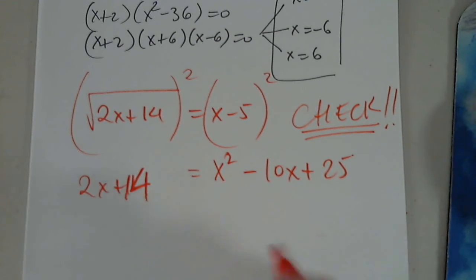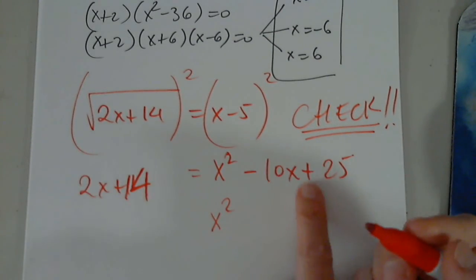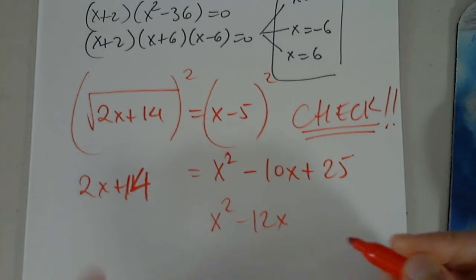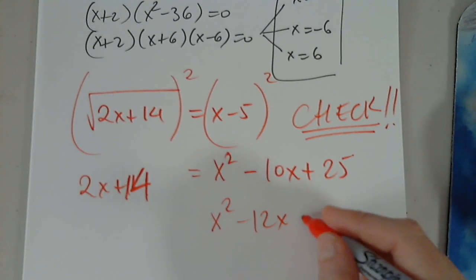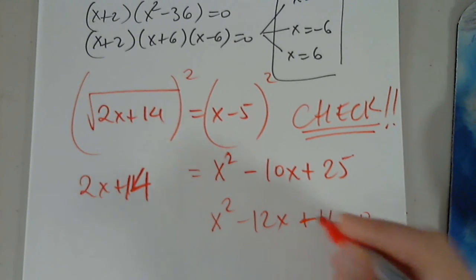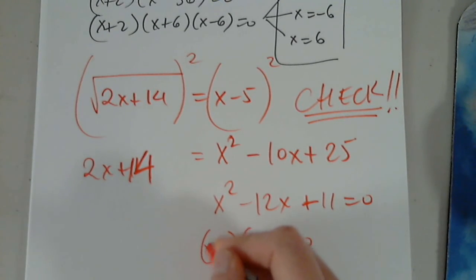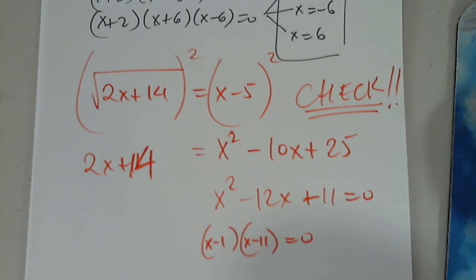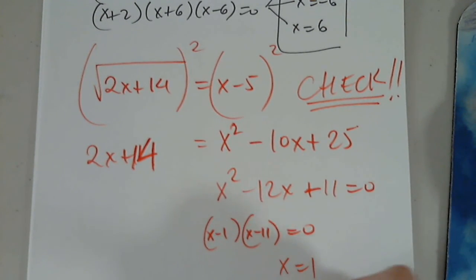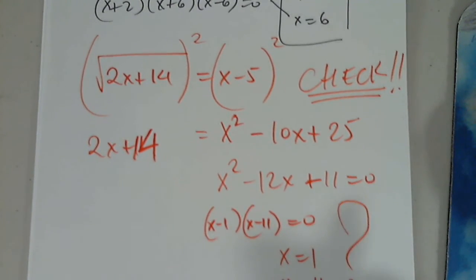So when I move everything to one side, x squared, I subtract 2x, and I subtract 14. And then I factor into x minus 1 and x minus 11. And I get x equals 1 and x equals 11, but I don't know for sure.